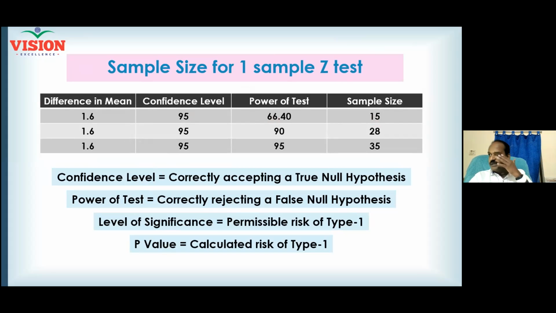Now, what will happen? You will not be able to reject your null. That will happen automatically, because otherwise your p-value cannot go below 5%. So the p-value not going below 5% means some of the factors are not allowing you.